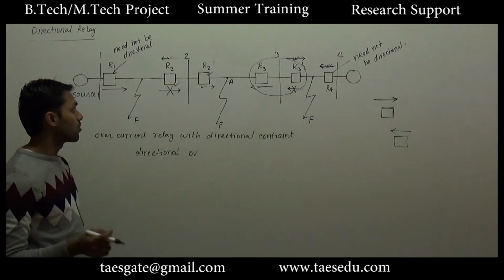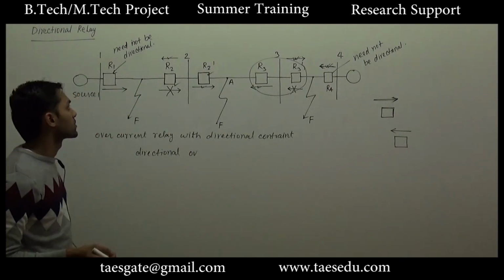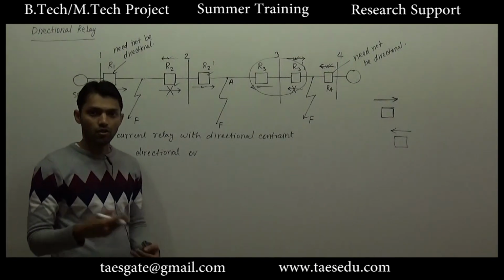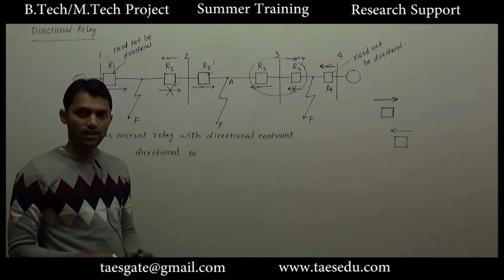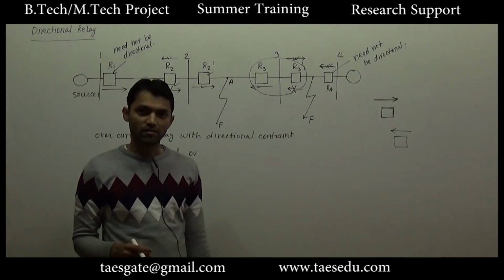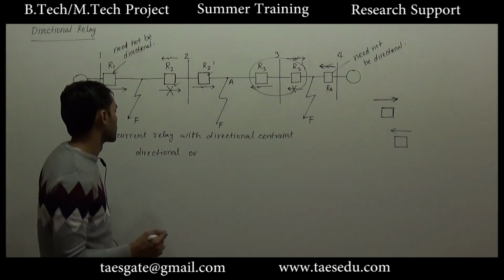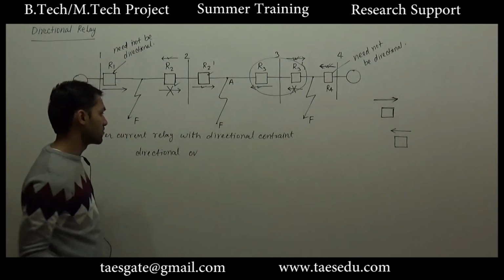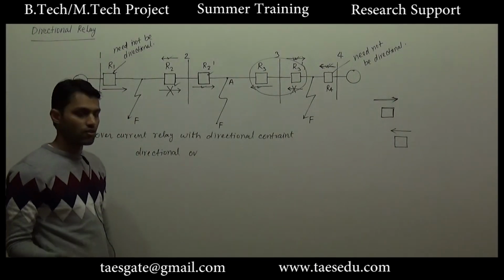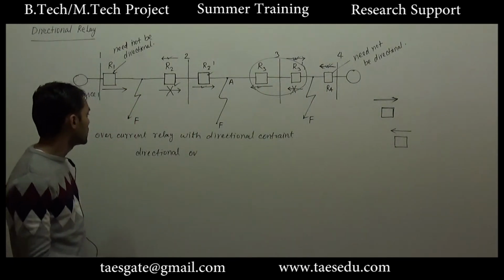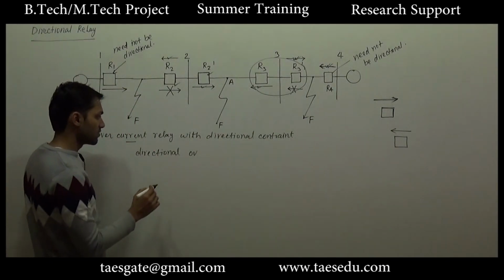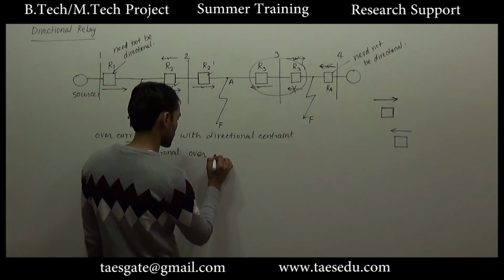The relay should not operate only on the basis of direction of current. The amount of current should also be large enough. That decision will be taken by the overcurrent relay, and the decision about the direction will be taken by the directional relay. So the total operation will be done by both directional and overcurrent relay. If we add the directional constraint in an overcurrent relay, that relay will be a directional overcurrent relay.